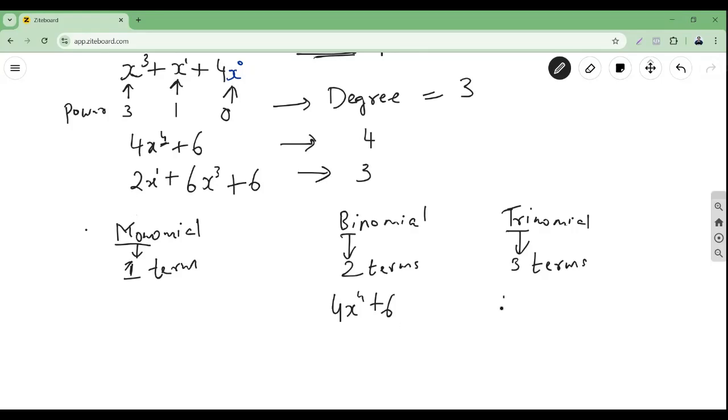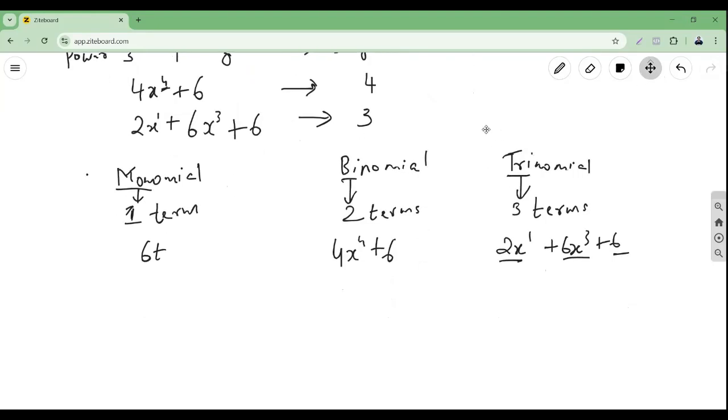Whereas 2x power 1 plus 6x power 3 plus 6 is called a trinomial because there are three terms, 1, 2, and 3. Now, if I just take a 6t, it's a monomial. Only one term is there, right? So now you're clear about what is monomial, binomial, trinomial. Now let's learn a little more about degrees.